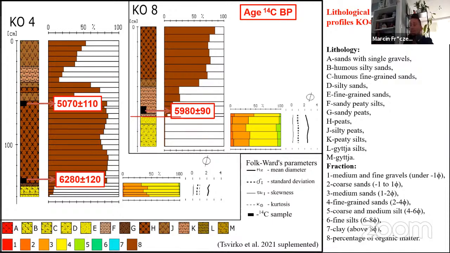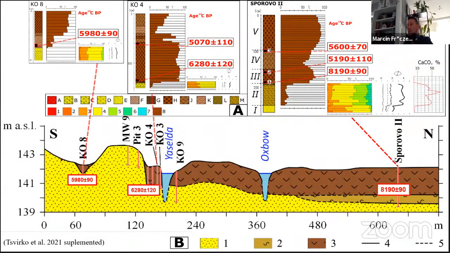The same humid event could cause the accumulation of peats in the close vicinity of the present-day Jasielda River. This humid period could be so strong that the accumulation of peats in this depression starts almost at the same time.